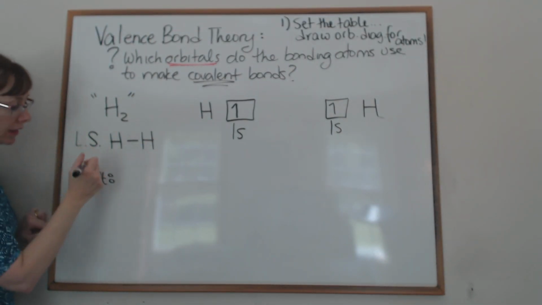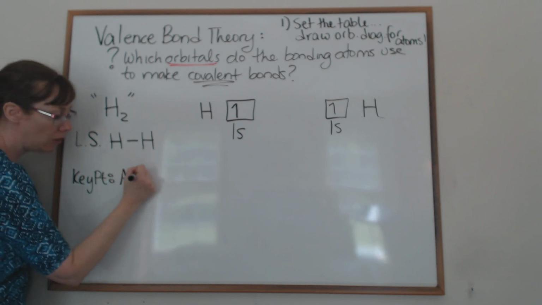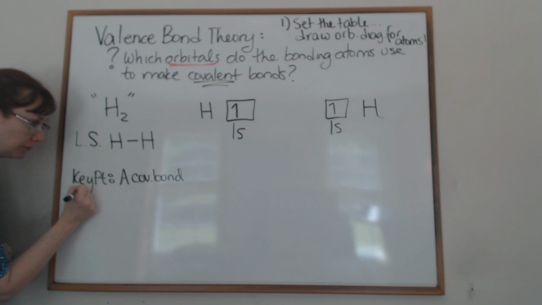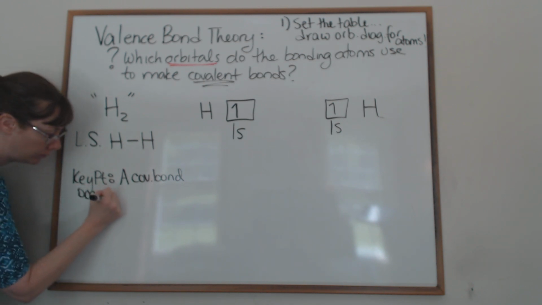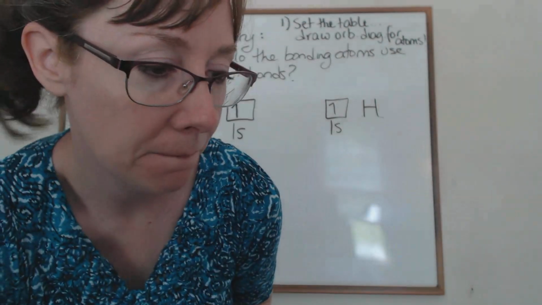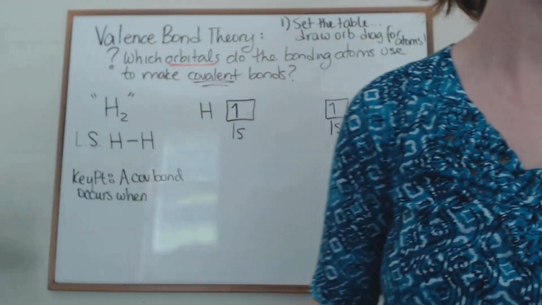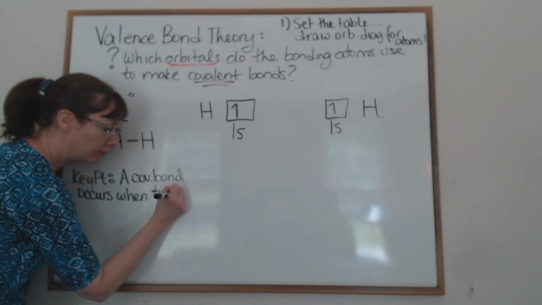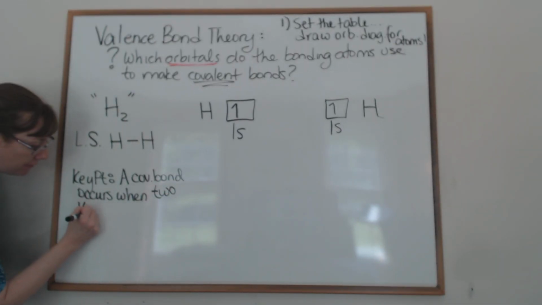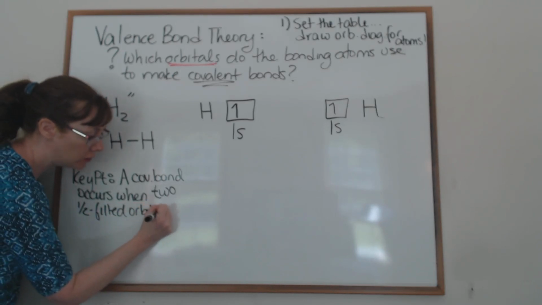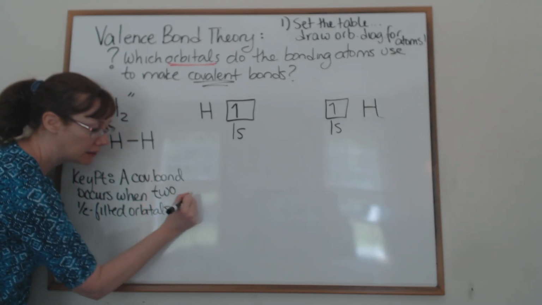The key point of valence bond theory is a covalent bond occurs when two half-filled orbitals overlap in space. A half-filled orbital will look like this, always.